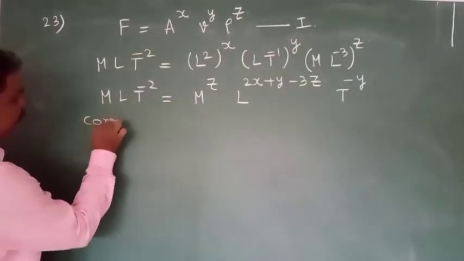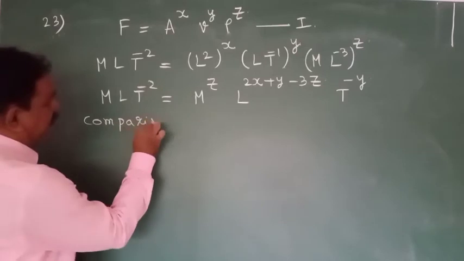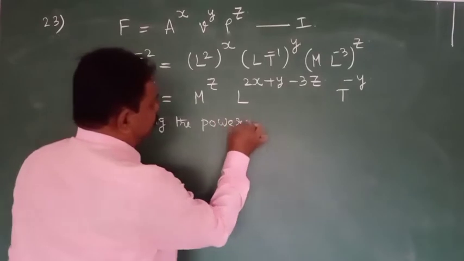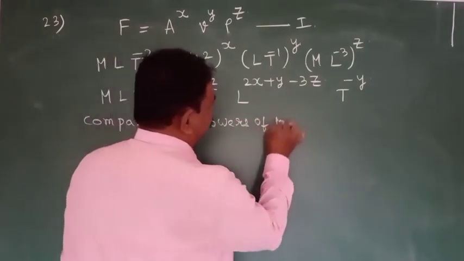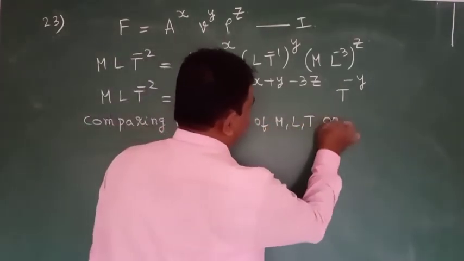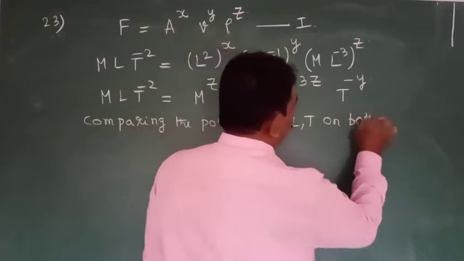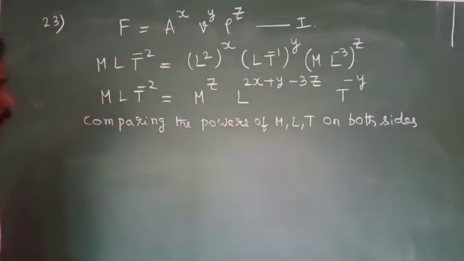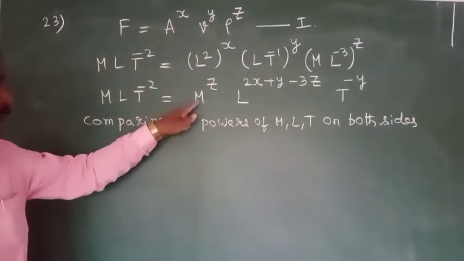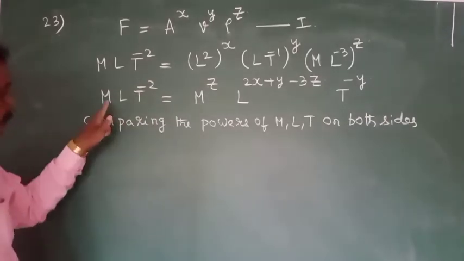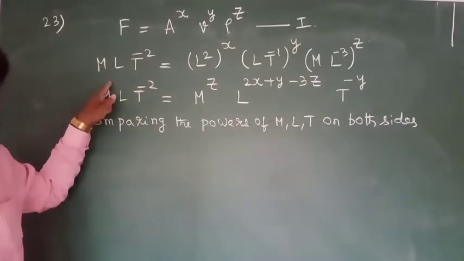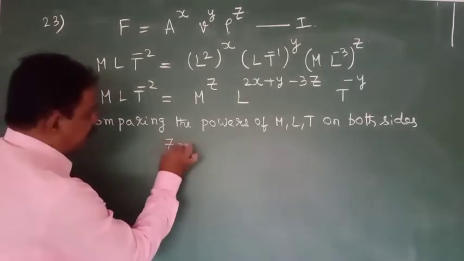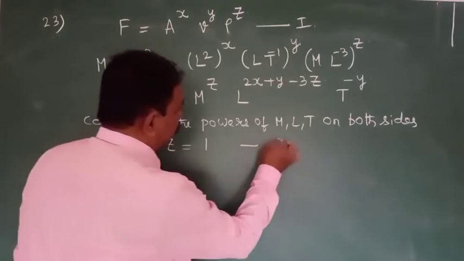Next, comparing the powers of M, L, T on both sides. Here M power z is there. Here M power 1 is there. M means M power 1. So what we will get, z is equal to 1.